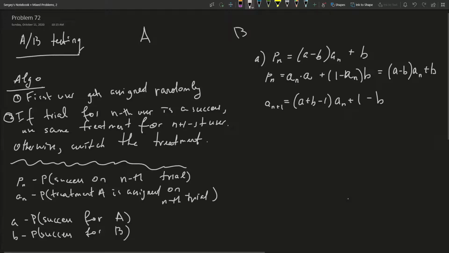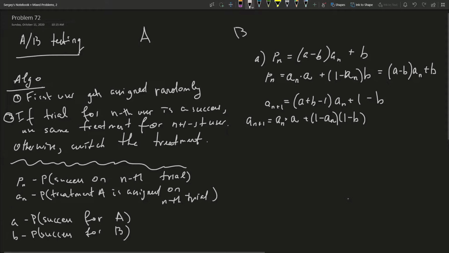Again, implicitly using the law of total probability, how can that happen? One way is if the nth trial, the previous trial, was assigned to treatment A and it was a success, or the nth trial was assigned to treatment B and it was a failure, so that the n+1th trial switched treatments. So it was a failure, 1 minus b.